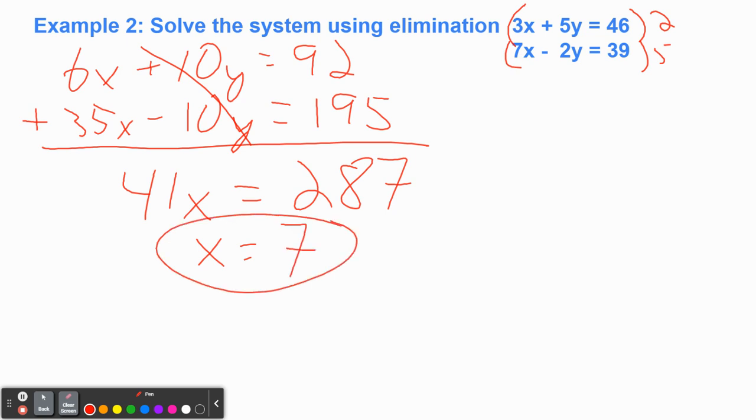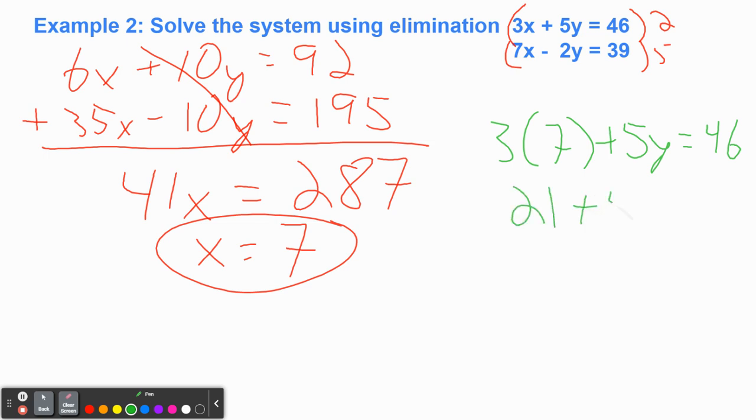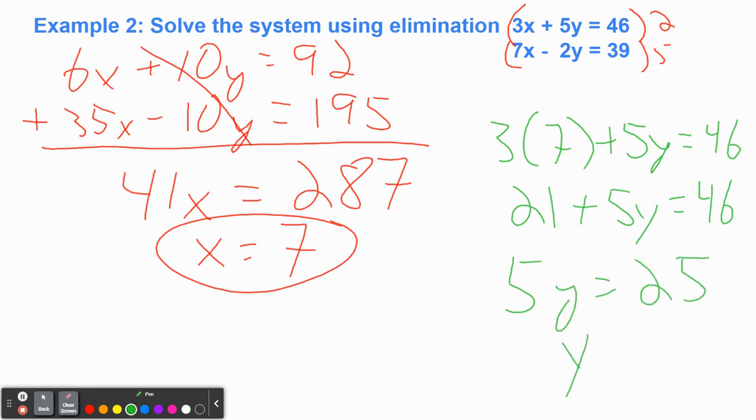Good sign for us. Let's plug in x equals 7 to the top one here. So instead of 3x plus 5y equals 46, we'll do 3 times 7 plus 5y equals 46. 3 times 7 is 21. Subtract 21 from both sides. 5y should equal 25, and y would equal 5.